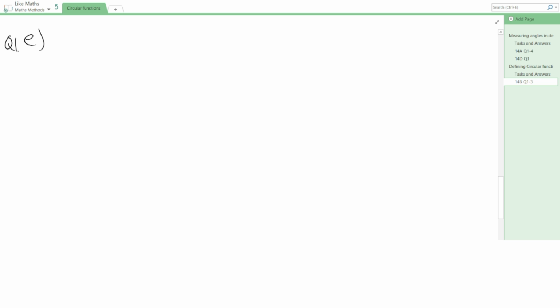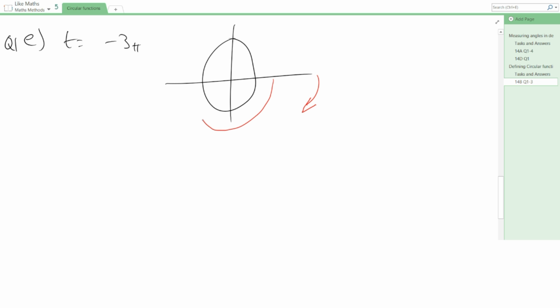Question 1e. So t is minus 3 pi. Again, because we're going negative, we're going to be measuring this way around, so we're going clockwise. And it's minus 3 pi. Now when you go half the way around, you've gone around pi radians.